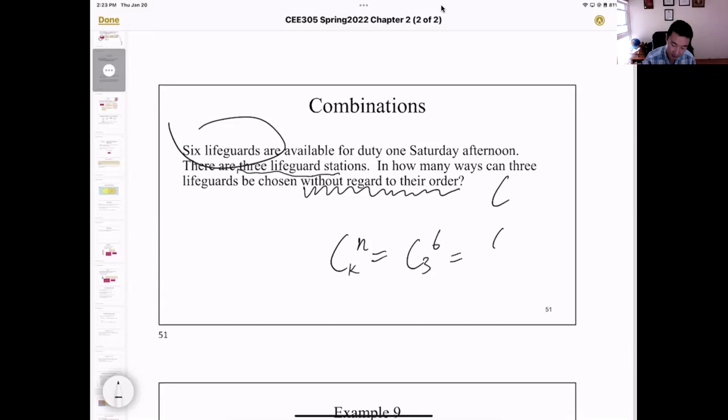So that will be factorial of 6 over factorial of 3 times factorial of 6 minus 3. So we have 20 ways to do that. This question tells us clearly the order does not matter. But sometimes the question does not tell us. We need to figure out whether to use combination or permutation.